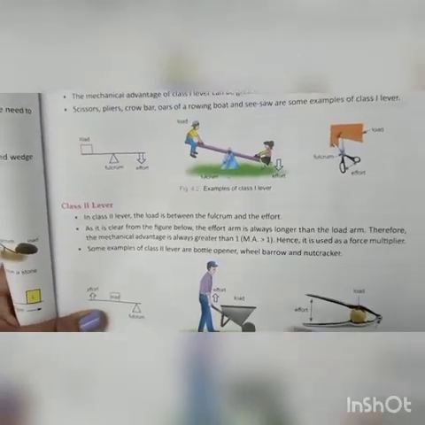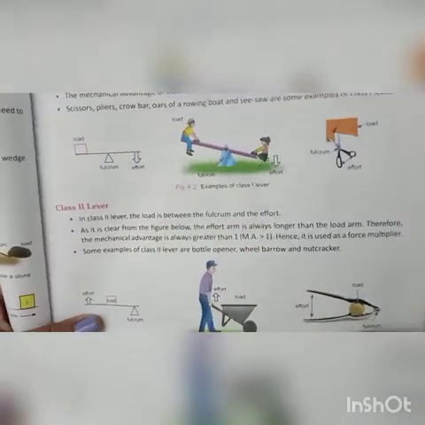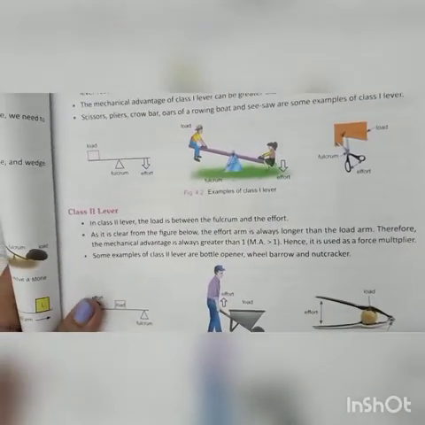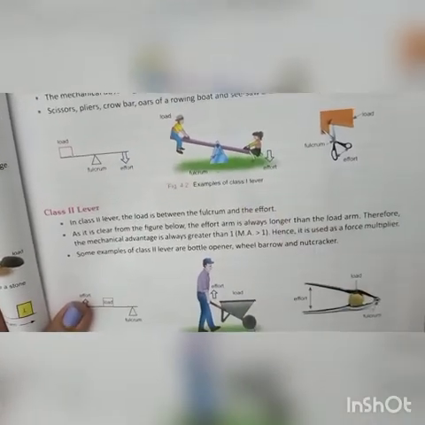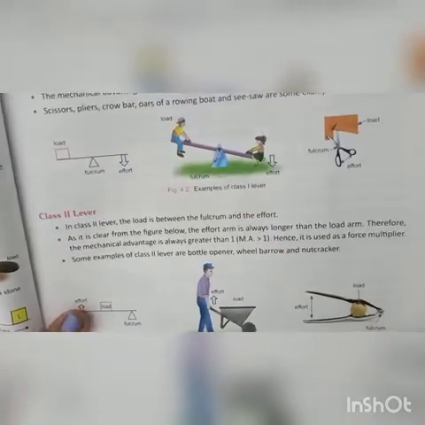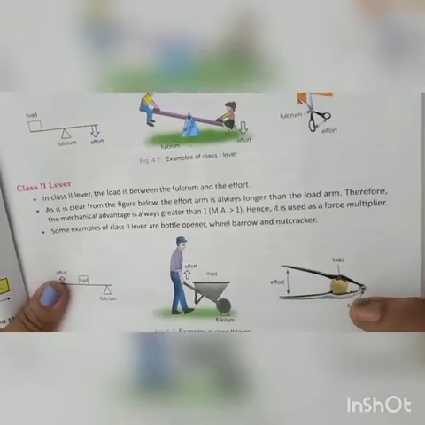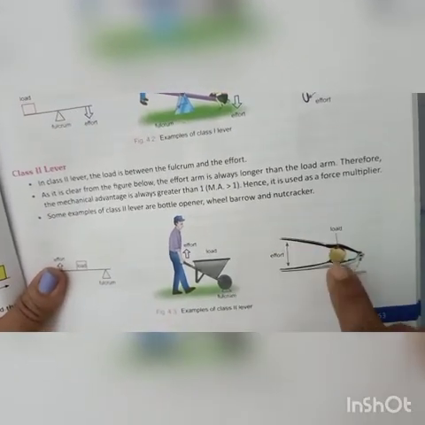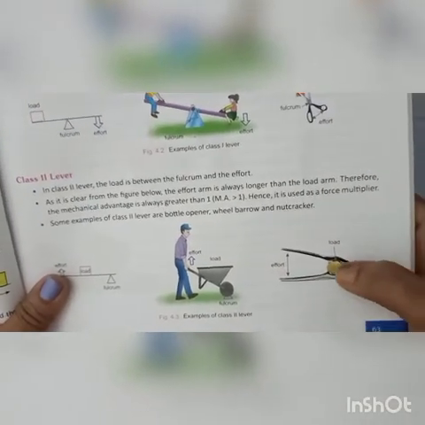Okay, so here you can see that in class 2 lever the load is in between the fulcrum and effort, as it is clear from the figure below. Then the effort arm is always longer than the load arm. So here what you can see that ये जो effort arm है ये देखिए ज़्यादा बड़ा है. Okay, and load arm is smaller.